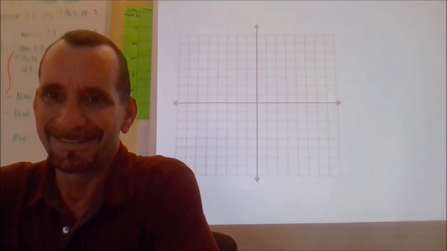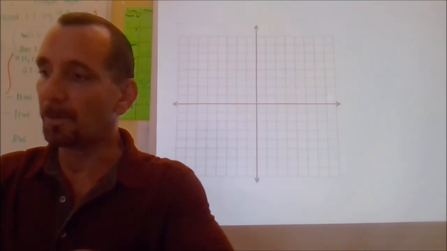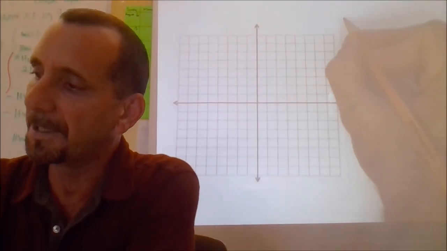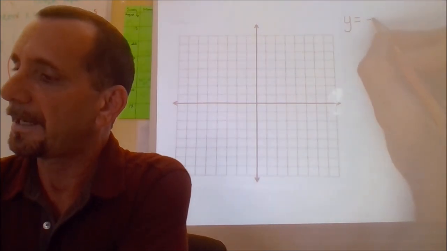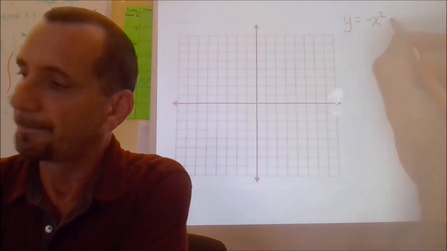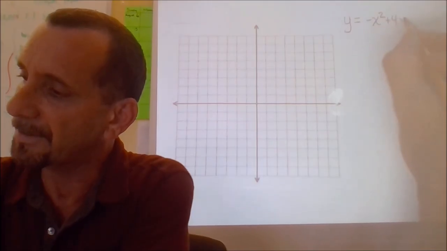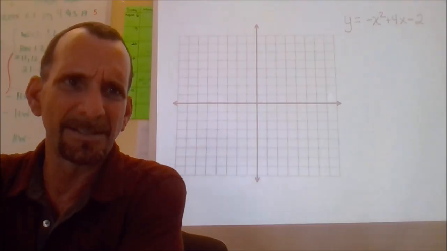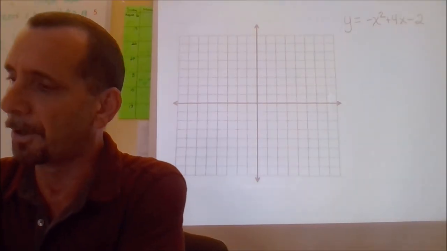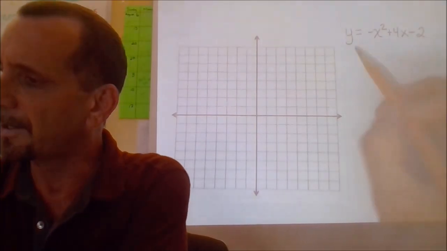So you ready? Okay. The first problem that we are going to graph is y equals negative x squared plus 4x minus 2. And this is a parabola that is in standard form. I'm going to box this.